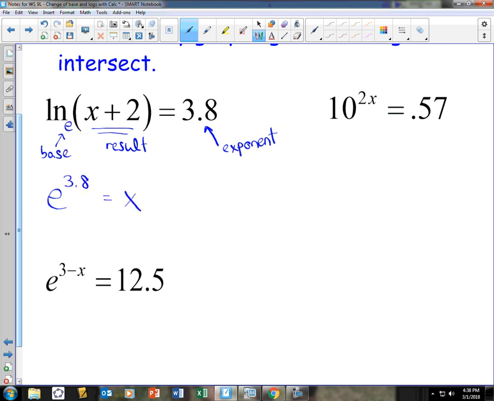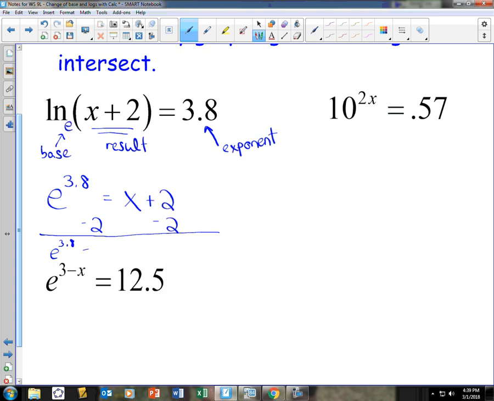So I simply took the 3 parts of a log, rewrote them as an exponent, and now this is what I can do in my calculator. So just subtract 2 over, and so what do I have here? I have that e to the power of 3.8, and then subtract 2 is what my x value is.